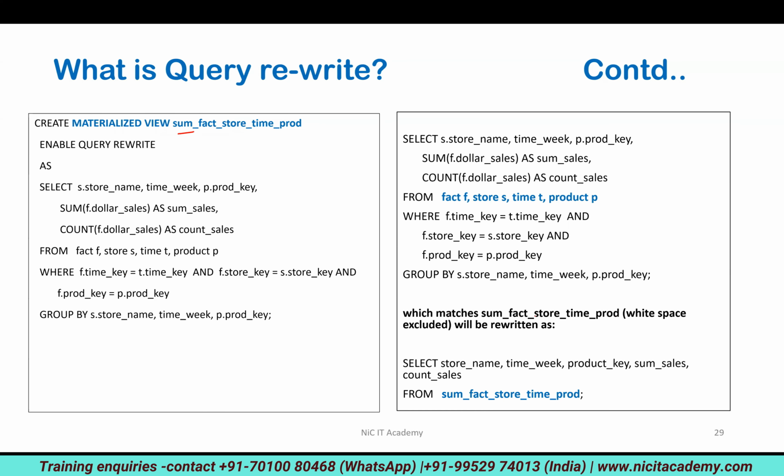If you are writing the data in this way, how many tables are you combining? 1 table, 2 tables, 3 tables, 4 tables, right? So automatically the materialized view will rewrite this.